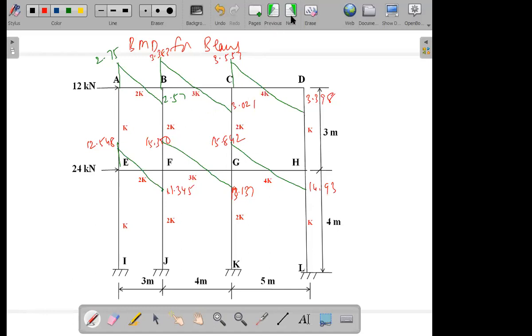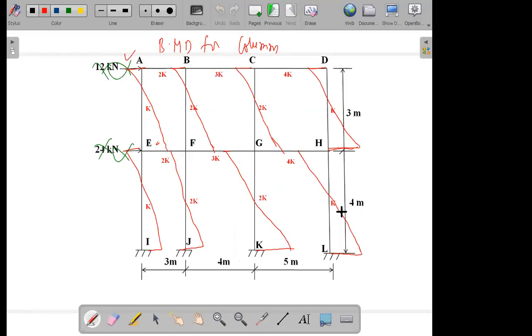Like this, I have to mention the values here also.